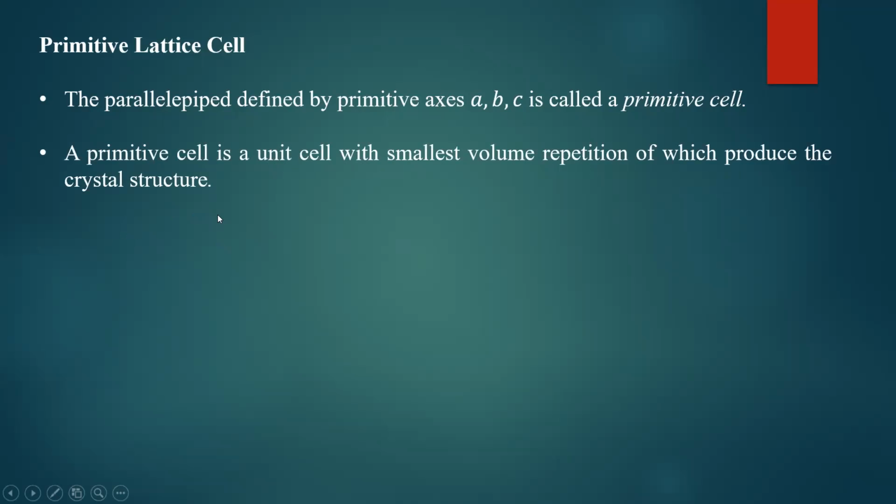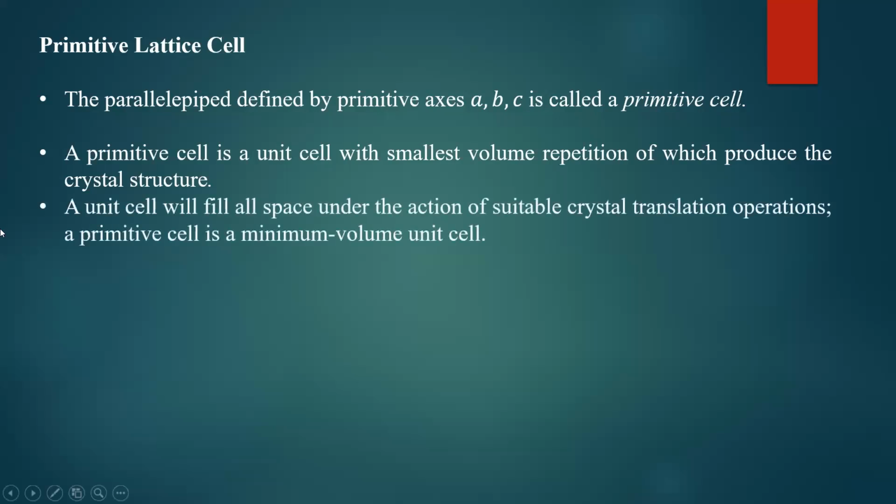Sometimes you may have to define the unit cell by taking different portions of the crystal lattice. If we take the unit cell of the smallest volume, that is called the primitive unit cell.